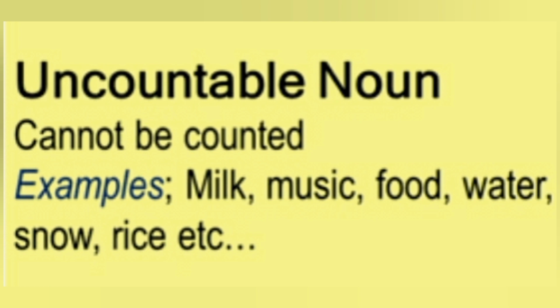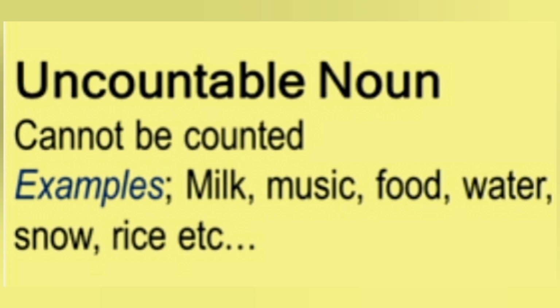These nouns, as the term suggests, cannot be counted. For example, milk, music, food, water, snow, rice, flour, cornmeal, and so on. These are nouns that you just cannot separate to count. In other words, you cannot count how much milk you have in a glass. It is just impossible.